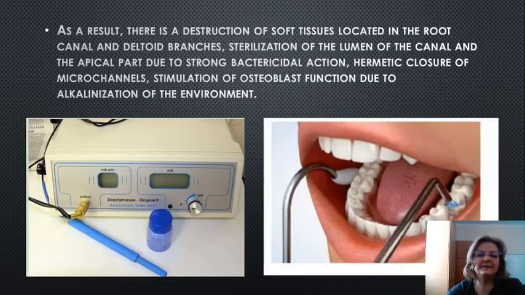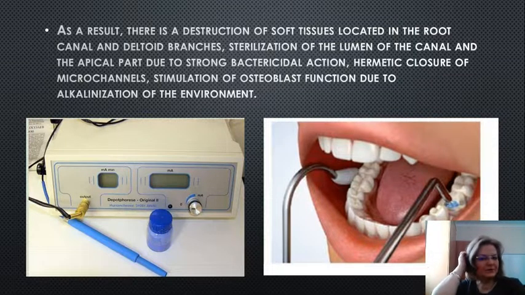As a result, there is a destruction of the soft tissues located in the root canal and deltoid branches, sterilization of the lumen of the canal and the apical part due to strong bactericidal action, hermetic closure of the micro channels, and stimulation of osteoblast functions due to alkalinization of the environment.